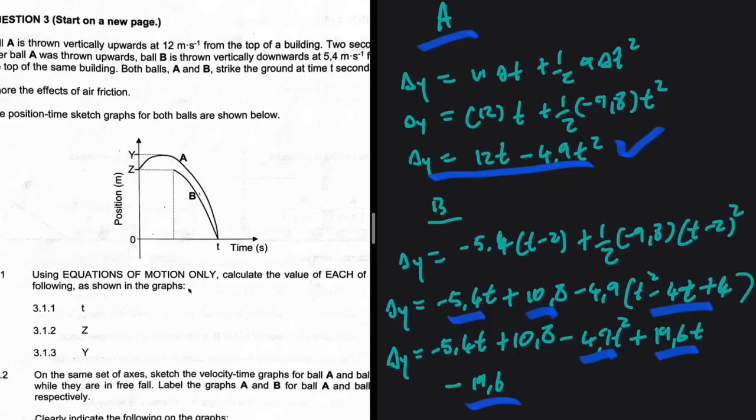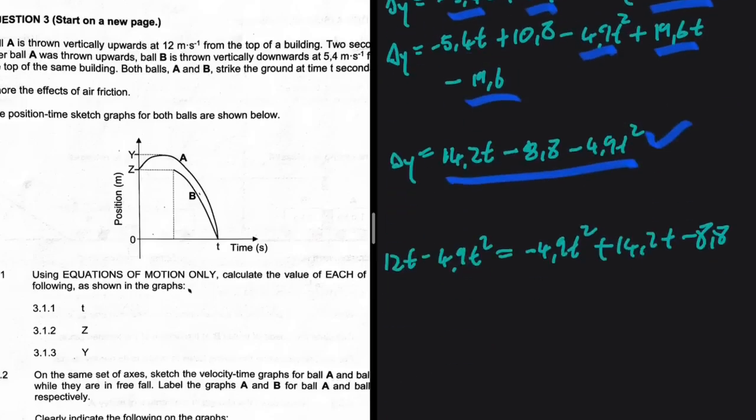Okay, let me just verify. Yeah, this is fine. 12t minus 4.9t squared. So obviously we have minus 4.9t squared on both sides, so we can just drop that. We're left with 12t equals 14.2t minus 8.8. So 12 minus 14.2, I'm getting minus 2.2.